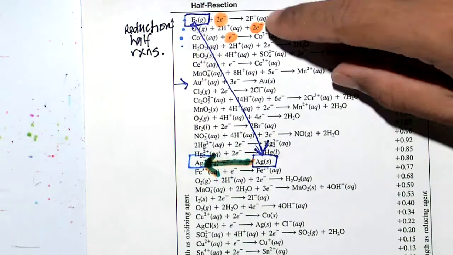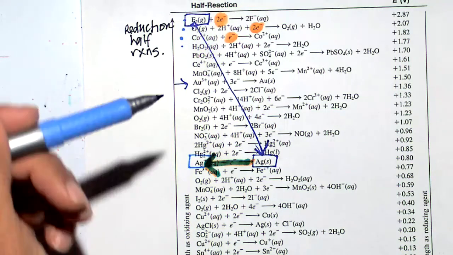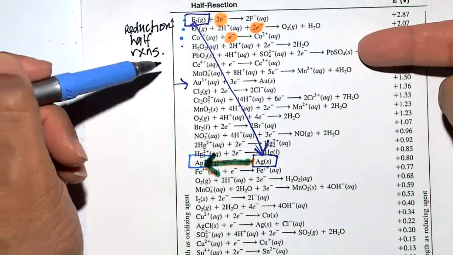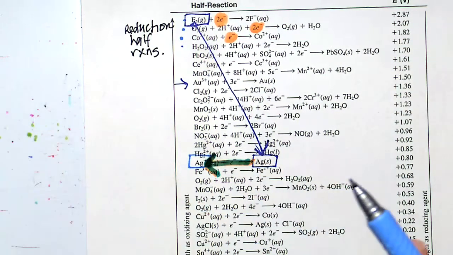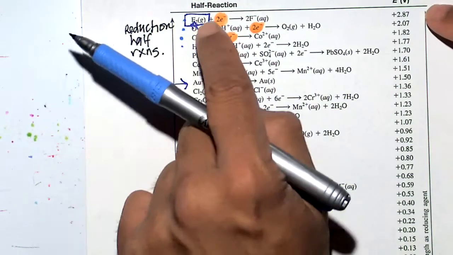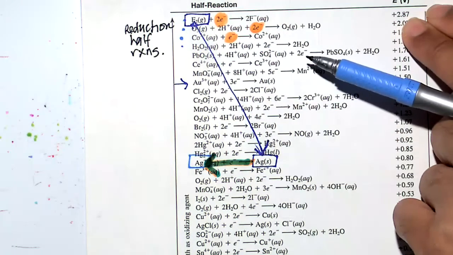So whatever is on the top can flip whatever is beneath it and you'll still get a positive voltage. Remember the preface? I started by saying you need a positive voltage to get a battery. F2 plus 2e minus goes to 2F minus is positive 2.87.